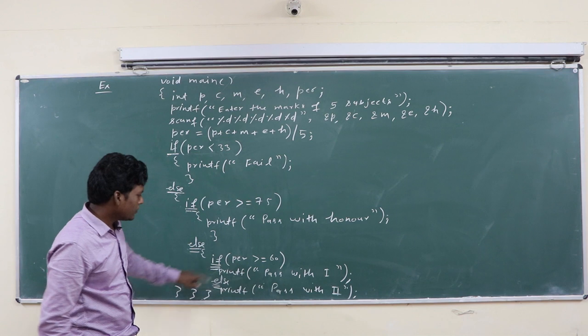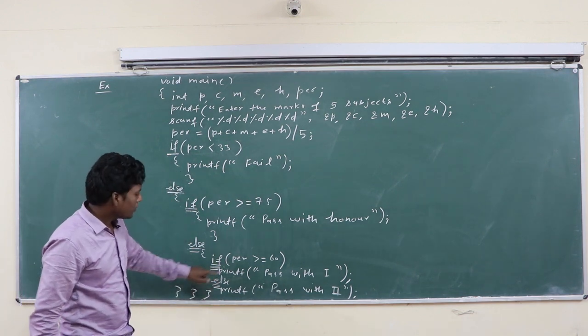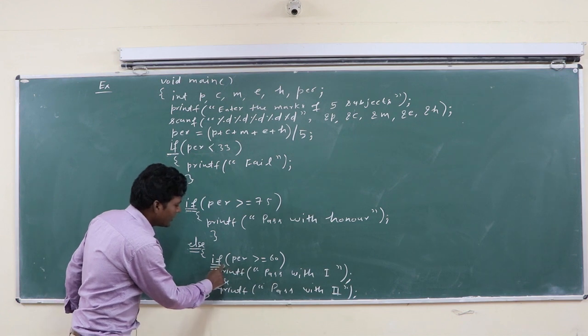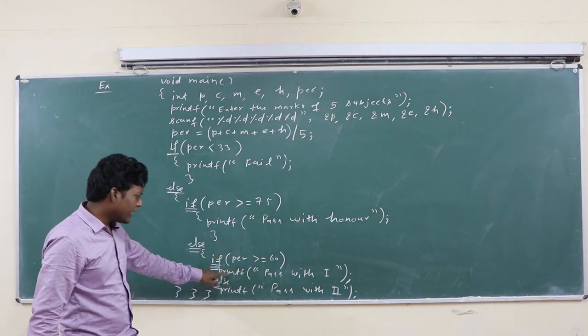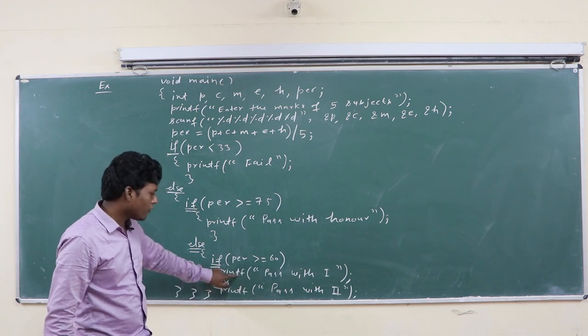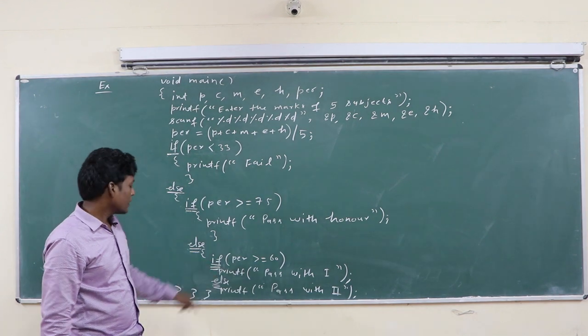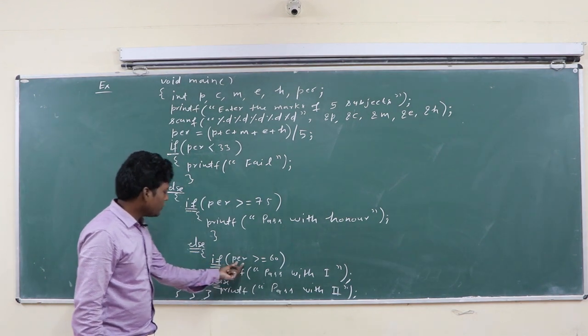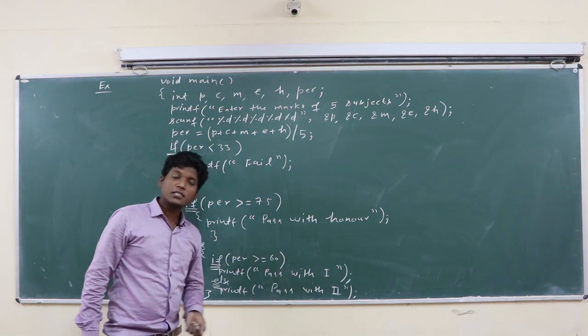So class, here due to lack of space, we do not write the curly brackets open and close, because there is a single line, so by default this printf is under the scope of this if. So when percentage is greater than or equal to 60, pass with first division.